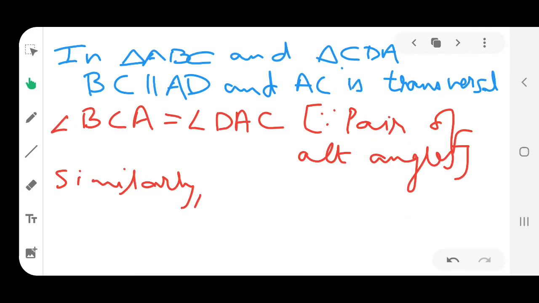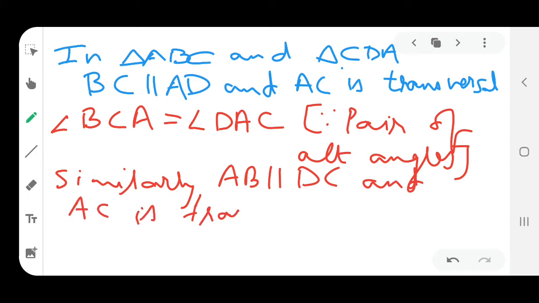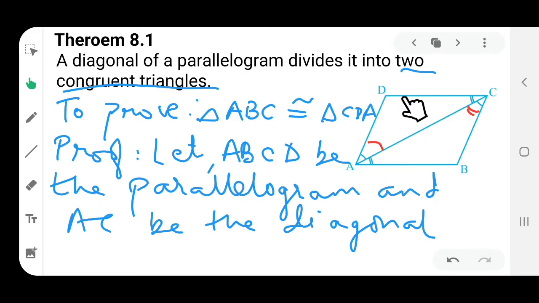So similarly we can write: AB is parallel to DC and AC is transversal.